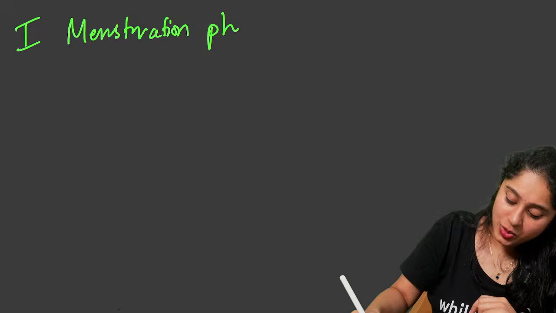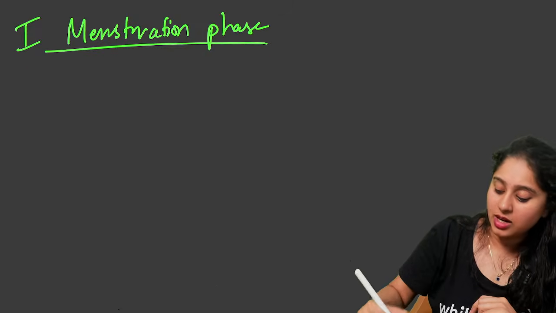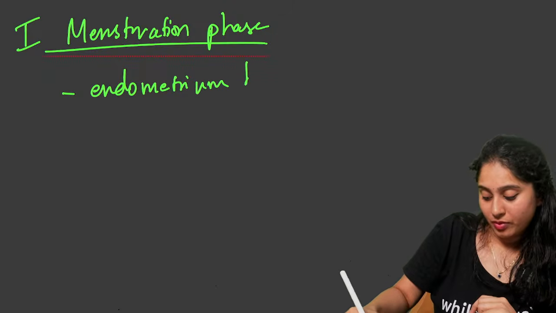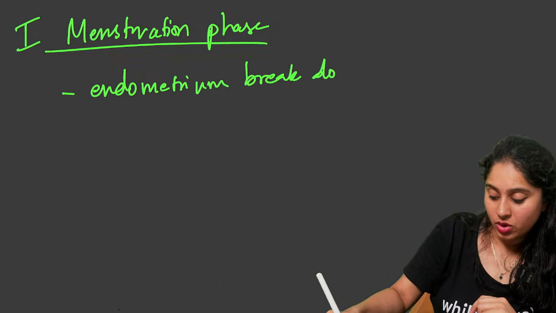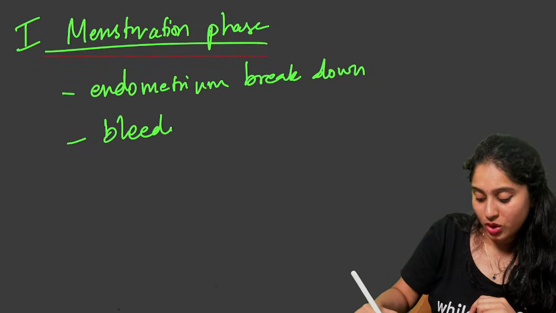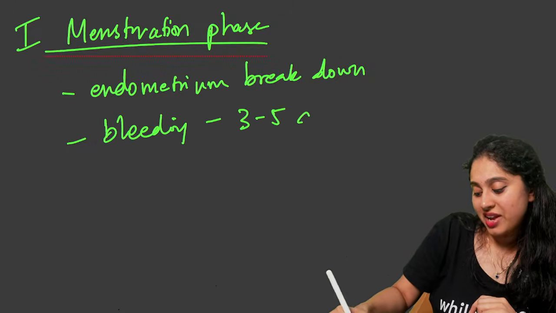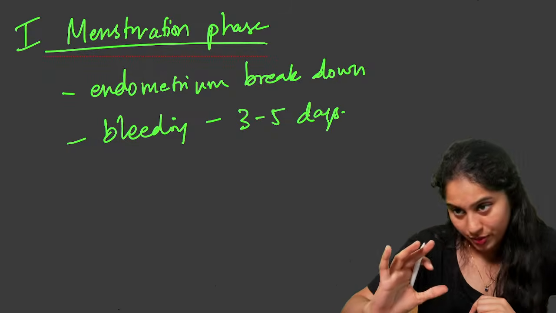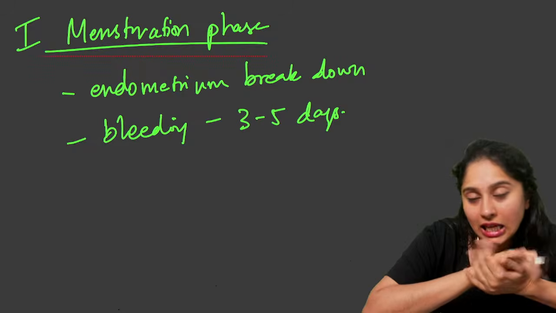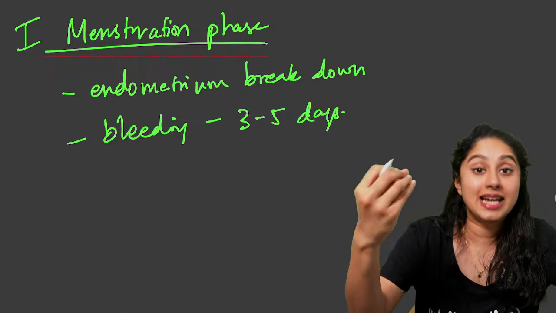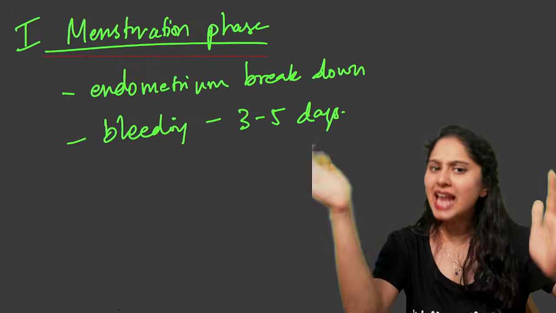In the menstruation phase, the endometrium will break down, and there will be bleeding for about 3 to 5 days, and all the tissues will be expelled. In the ovary, the old structures have degenerated and a new follicle will be selected for growing further. I'll come back to this phase.